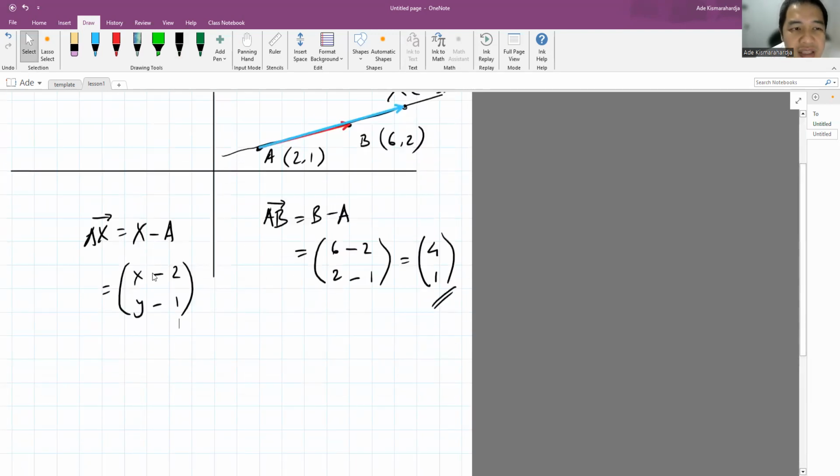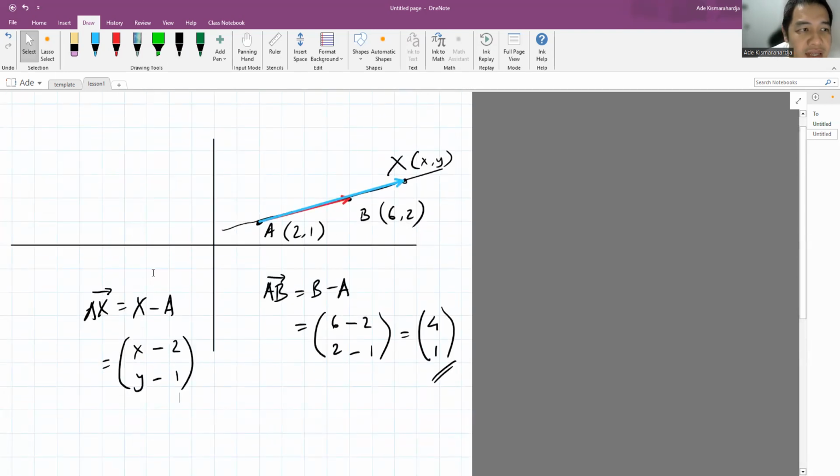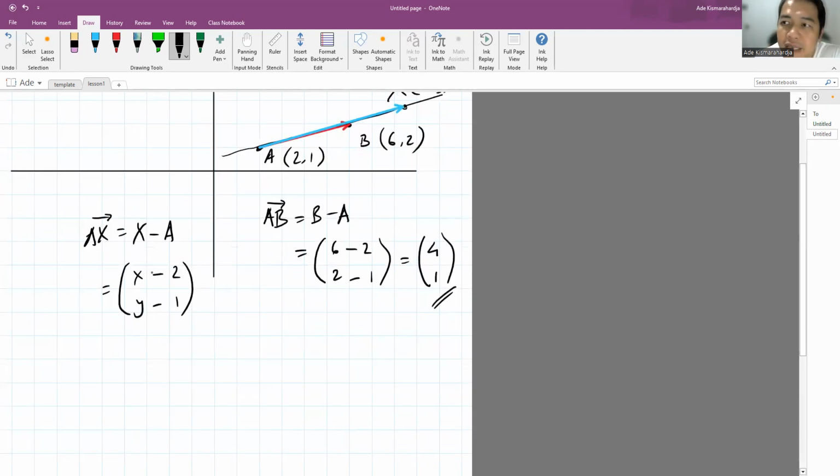So here's the important thing, guys. When you have two vectors pointing in the same direction, or pointing in the opposite direction, it doesn't matter.